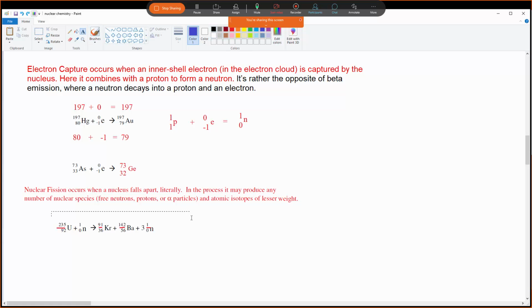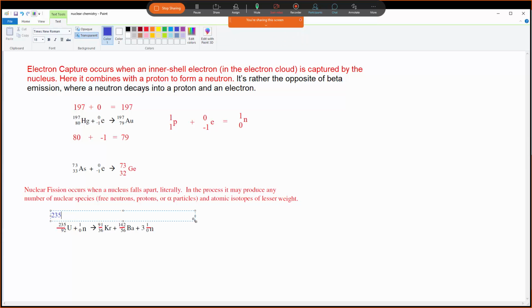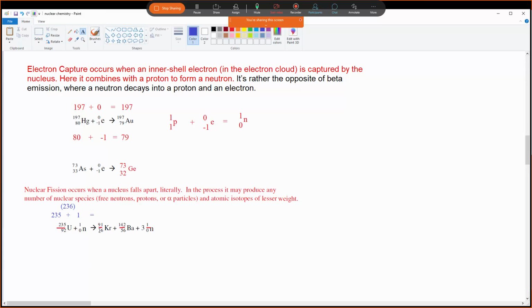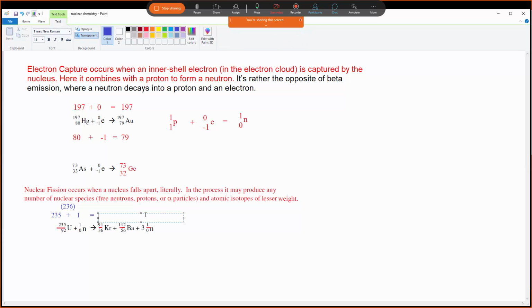We have a total mass of 235 plus 1, so that's 236 in my reactant side. And then on my product side, I have a total mass of, let's see, we've got 91 plus 142 plus, and now I've got 3 neutrons.